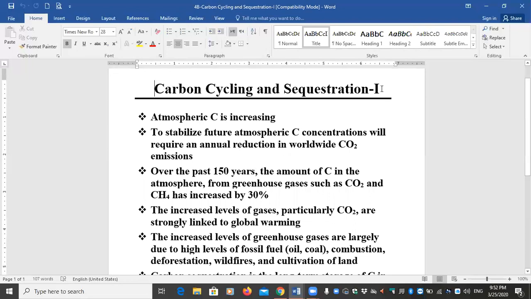We will see the meaning of this word, sequestration. Atmospheric carbon is increasing. How is it increasing in the atmosphere? Of course, as a gas, as CO2. To stabilize future atmospheric carbon concentrations will require an annual reduction in worldwide CO2 emissions.